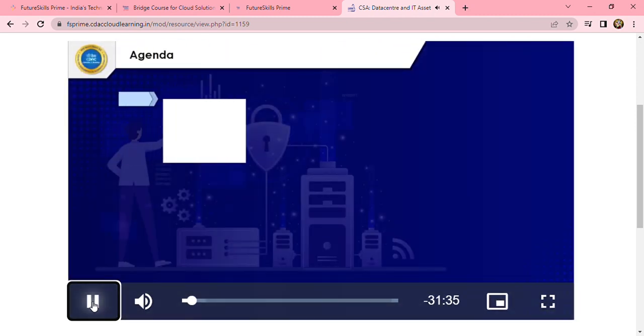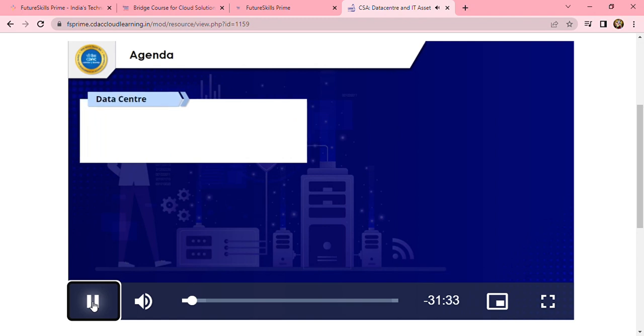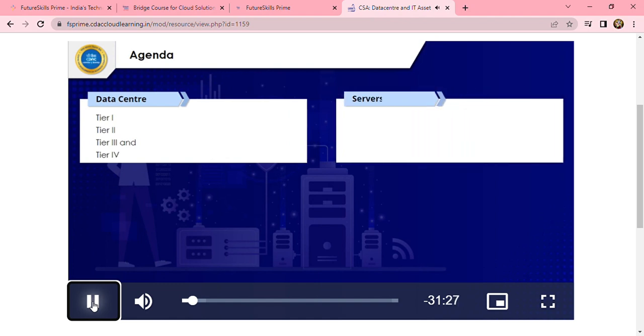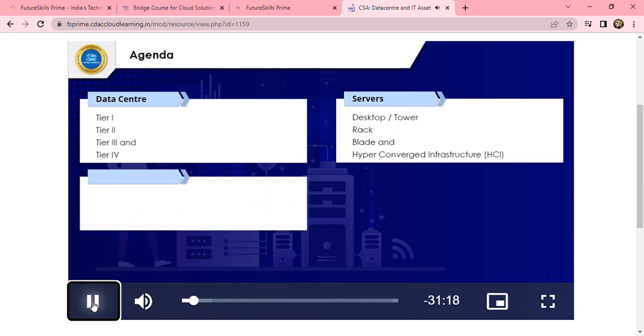Agenda: Data center, Tier 1, Tier 2, Tier 3, and Tier 4. Servers: desktop tower, rack, blade and hyper-converged infrastructure (HCI). Storage: Storage Area Network (SAN), Network Attached Storage (NAS) and Write Once Read Many (WORM).